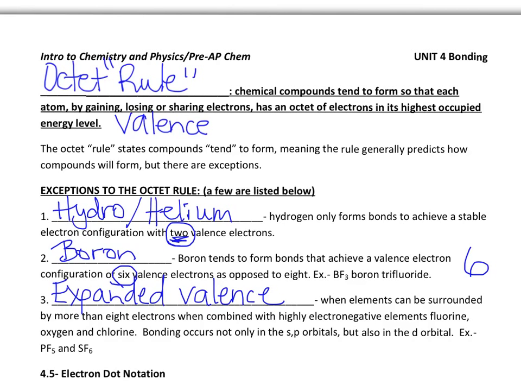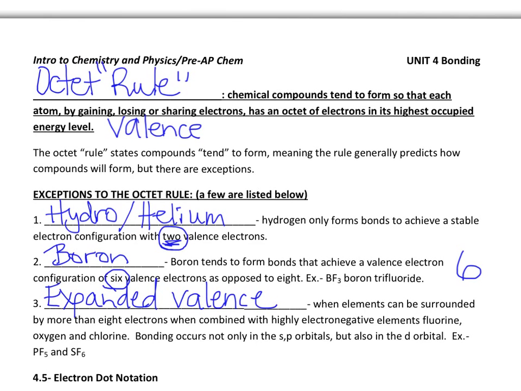It's when elements can be surrounded by more than 8 electrons when combined with highly electronegative elements: fluorine, oxygen, and chlorine. Bonding occurs not only in the s and p orbitals, but also in the d orbital. And some examples are PF5 and SF6. That would be phosphorus pentafluoride and sulfur hexafluoride.